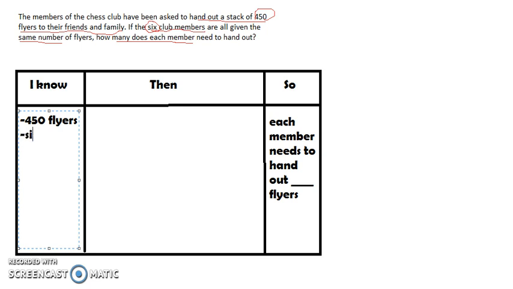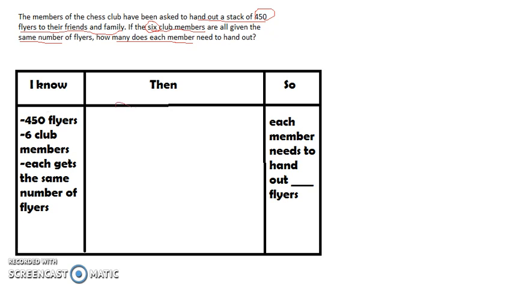If 6 club members are each given the same number of flyers, how many does each member need to hand out? Okay, so I've got 450 flyers, 6 club members, and it says each gets the same number of flyers.